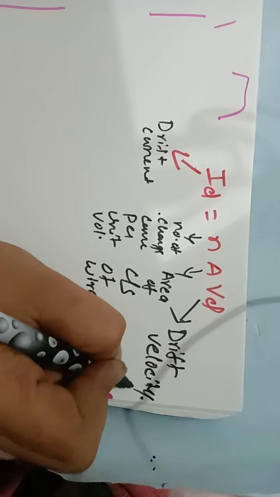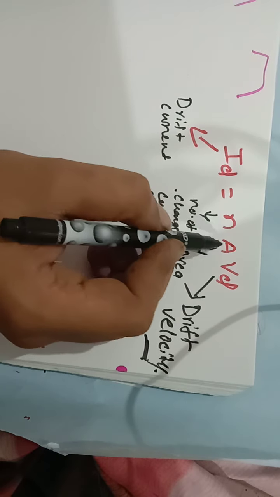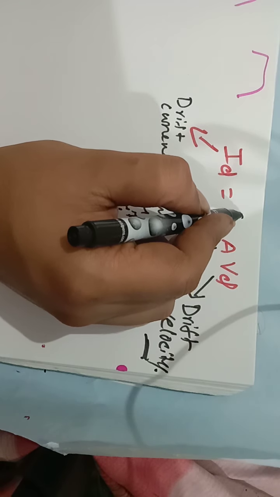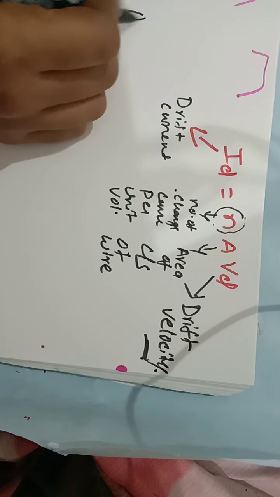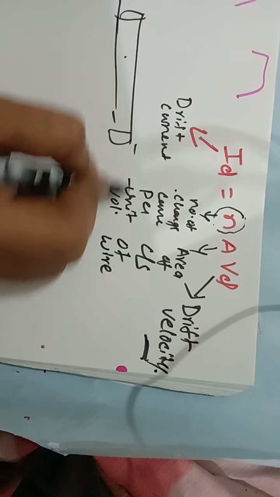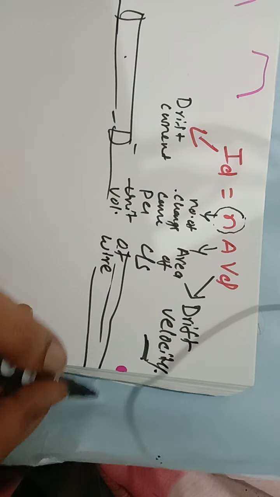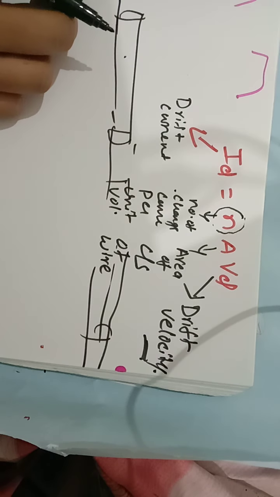How will the questions be framed? Look, since we have assumed n as the number of charge carriers per unit volume, for any cross section you take for the entire wire, suppose the wire is infinitely long, n will not change. Why?